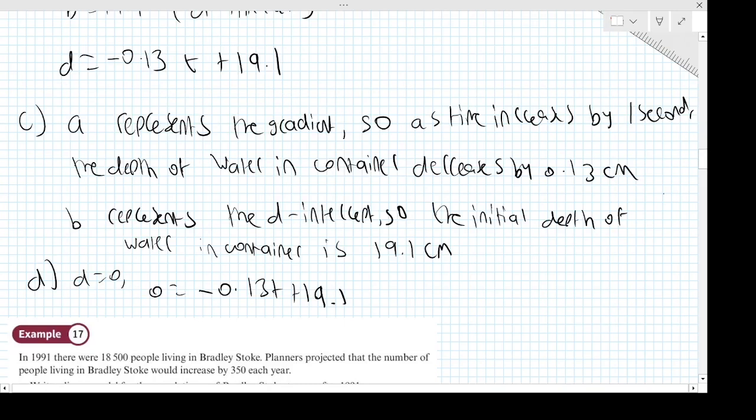So therefore 0.13t is 19.1. That means t is 19.1 divided by 0.13, which is equal to 146.92 and so on, seconds.